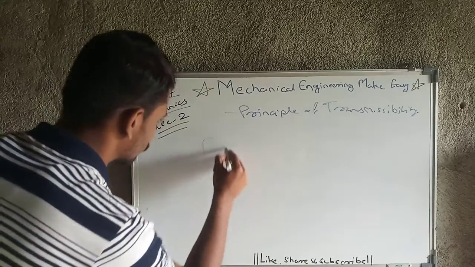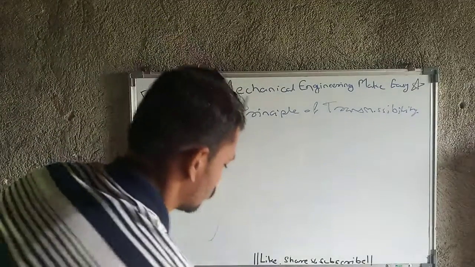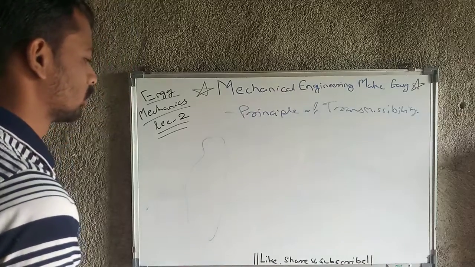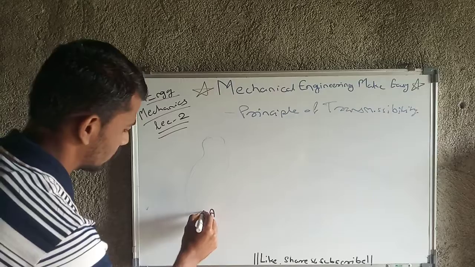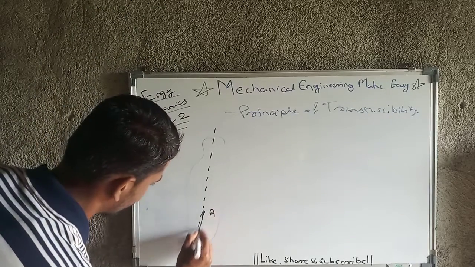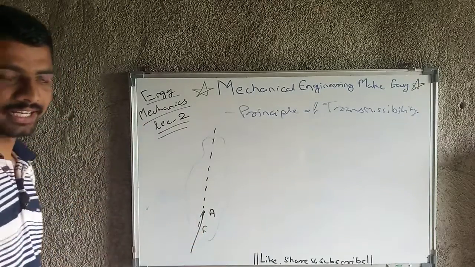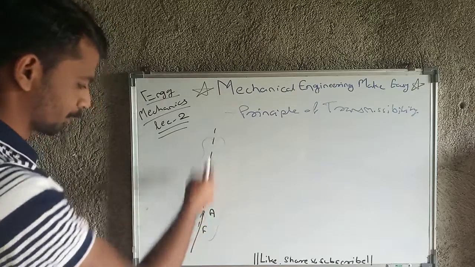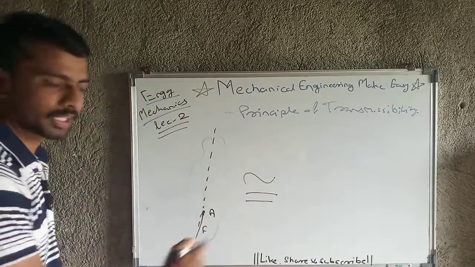For example, this is one body, and here is one point A, and this is the axis of force along which the force is acting. For example, this force F is acting at the point A. So along this axis of force we can change the point of application of that force.